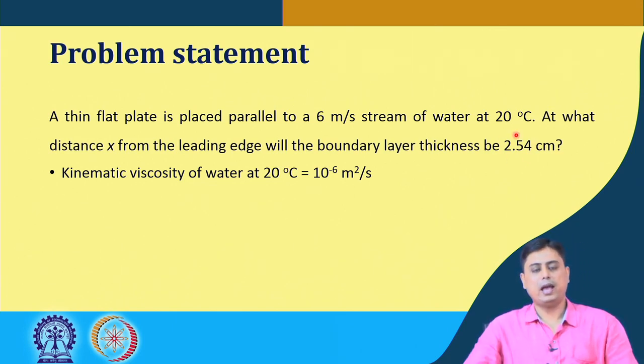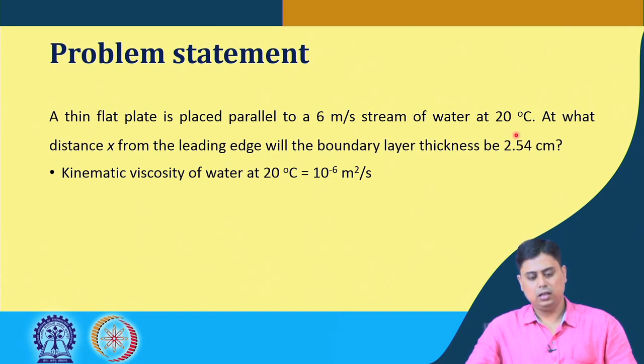So, how do we approach this problem? First of all, since the Reynolds number is not known, we assume that the flow is laminar. Since that information is not given, you can assume a flow condition, solve for delta for that particular condition, and then calculate back whether the Reynolds number condition is satisfied or not.